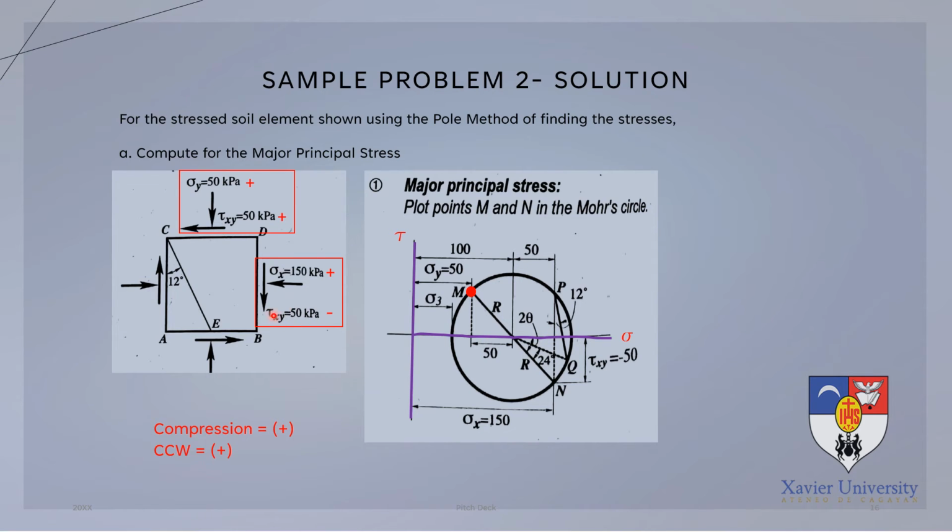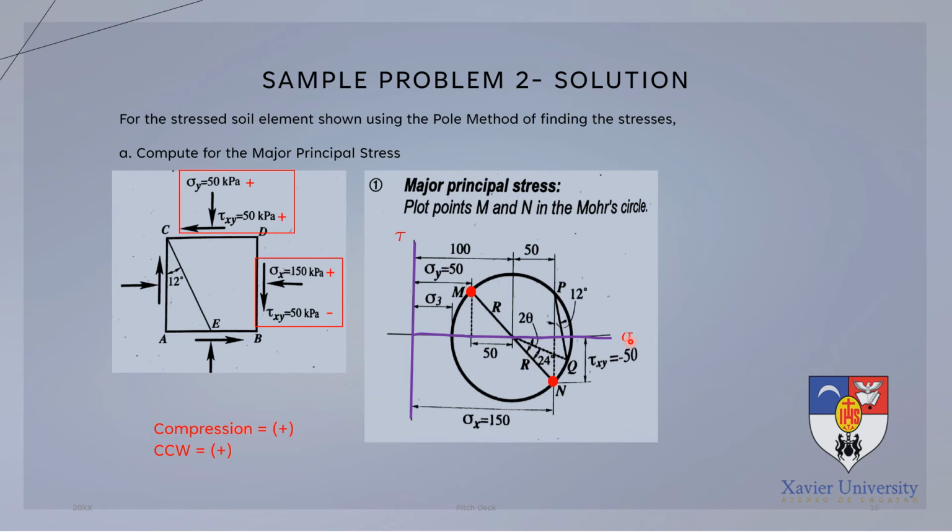So from there, positive 150, and then negative 50, that would give us this point N. Initially, there is no circle yet in the drawing; I just wanted to show it to you. Okay, so let us focus on the colored ones in the illustration.